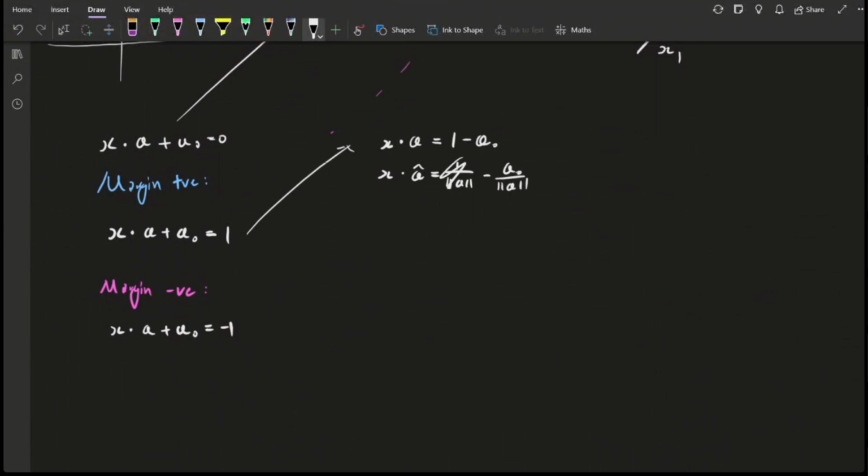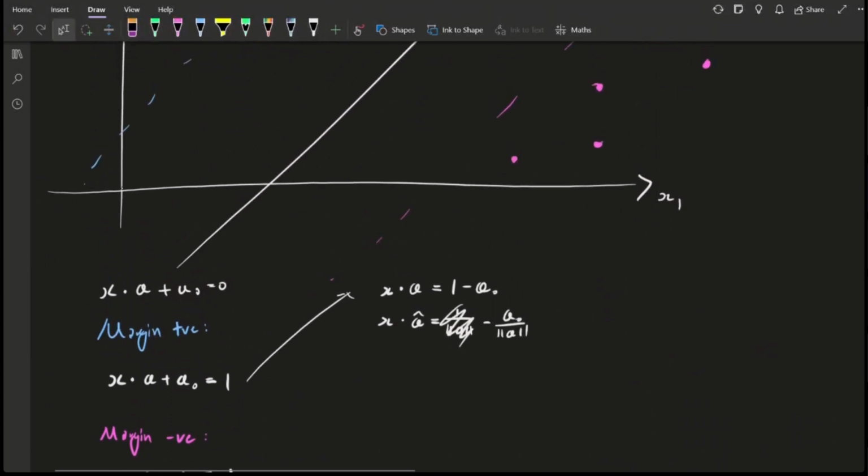If you ignore this term here, this is essentially the same thing as your normal decision boundary, where the constant term on the right side indicates the perpendicular distance of your decision boundary from the origin. In this case it is negative because this is shifted downwards, so this is actually your theta naught.